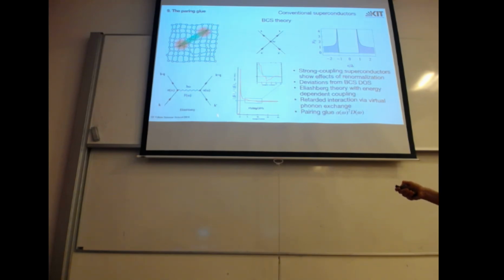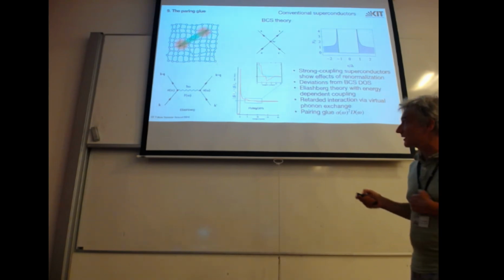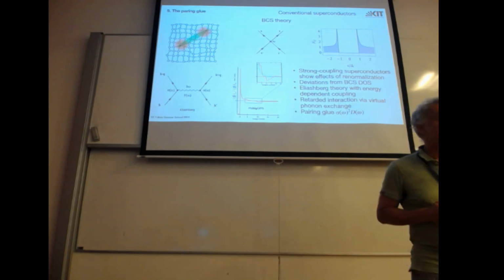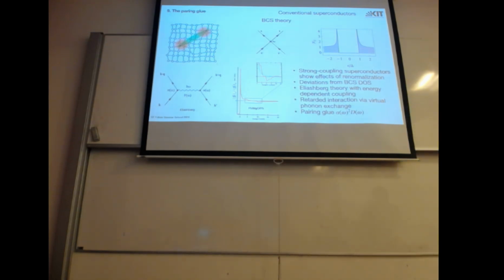In this case, we have two electrons here, which scatter via exchange of a virtual phonon. So Fröhlich also described this in full detail, and the approximation made is that the scattering should not be q-dependent, but only energy-dependent. So that means this coupling constant is a function of energy and not q.